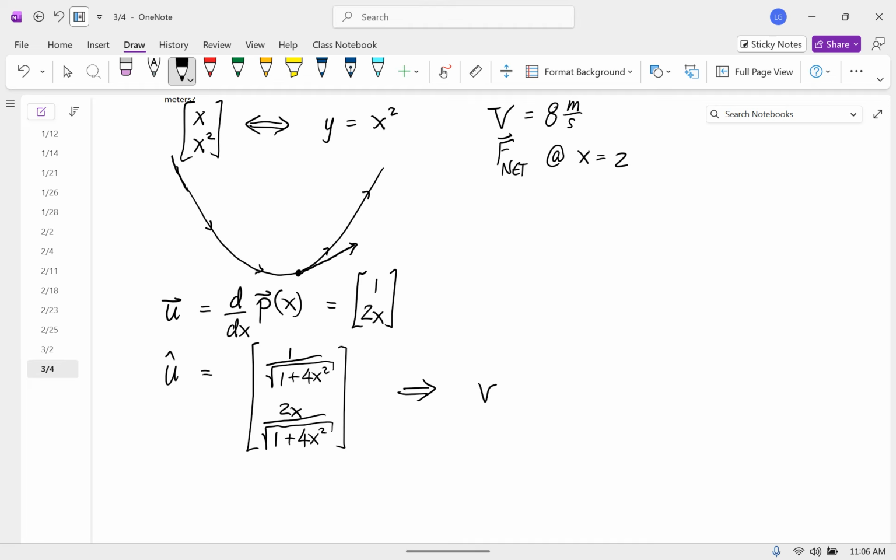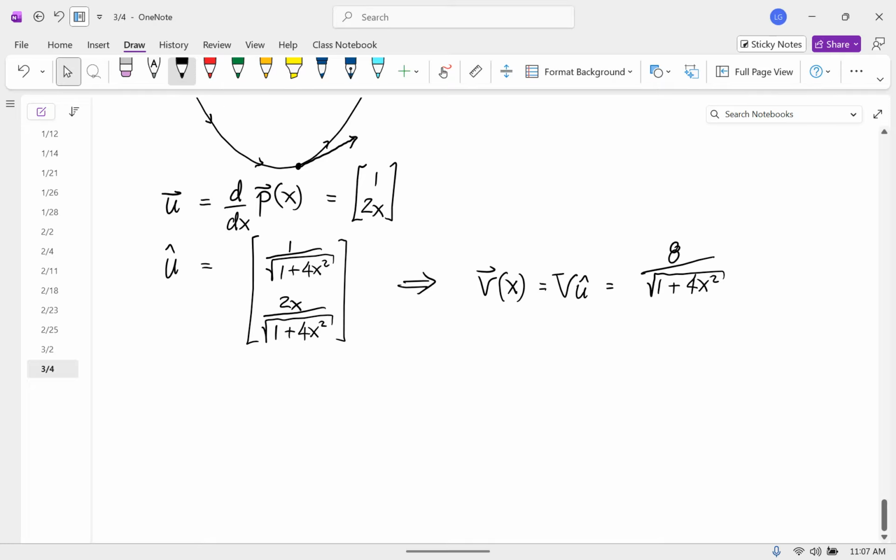And so therefore the velocity vector as a function of x is equal to the speed times that unit vector. So it's equal to 8 over that square root, and then 2x times 8, so 16x over 1 plus 4x squared.